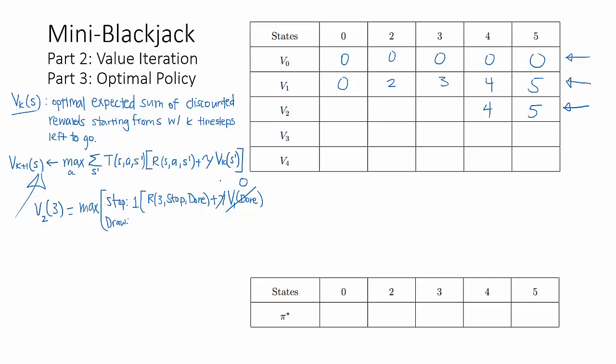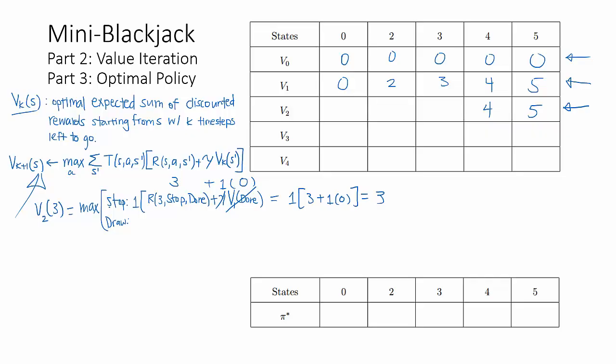This gamma term is 1 because there's no discounting. And the reward you get for stopping starting from state 3 is just going to be 3. So we have 1 times 3 plus 1 times 0, and this is just going to be equal to 3. Well, that's expected, right? Because if you stop at state 3, you end the game and you get the reward of 3.